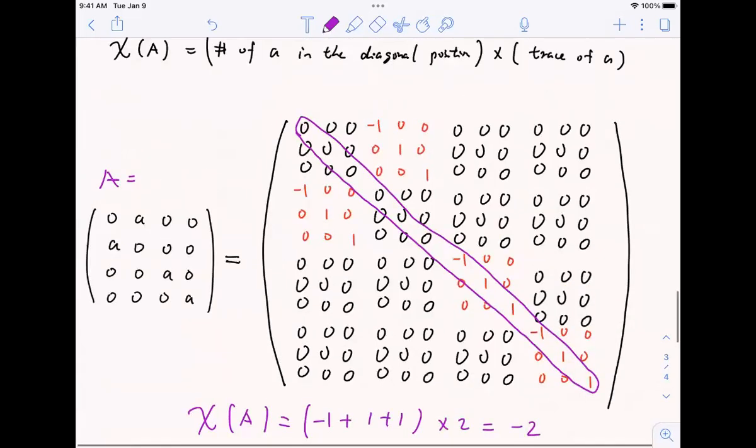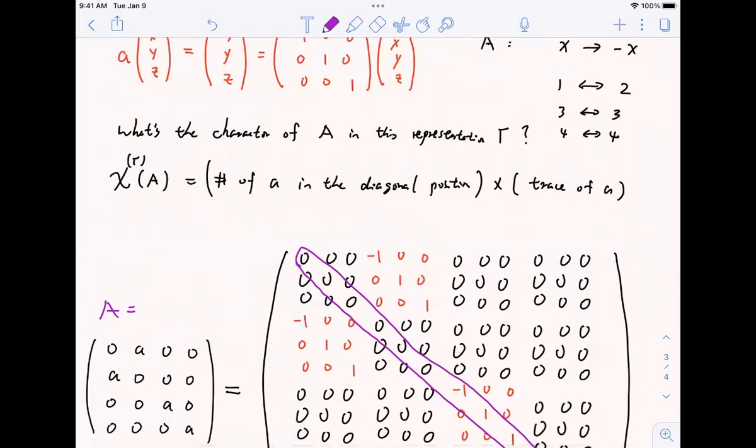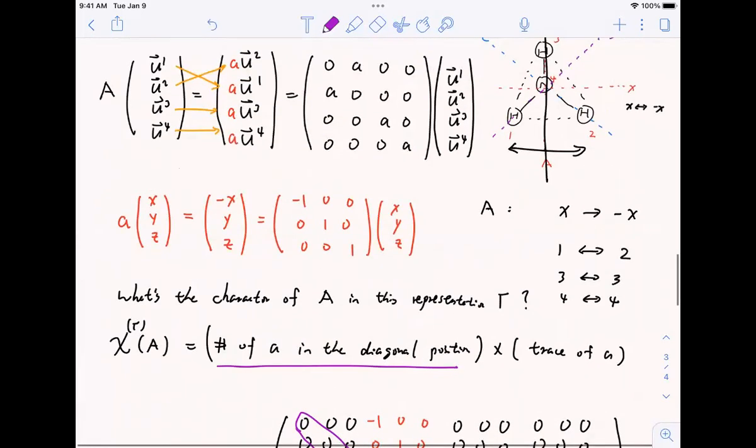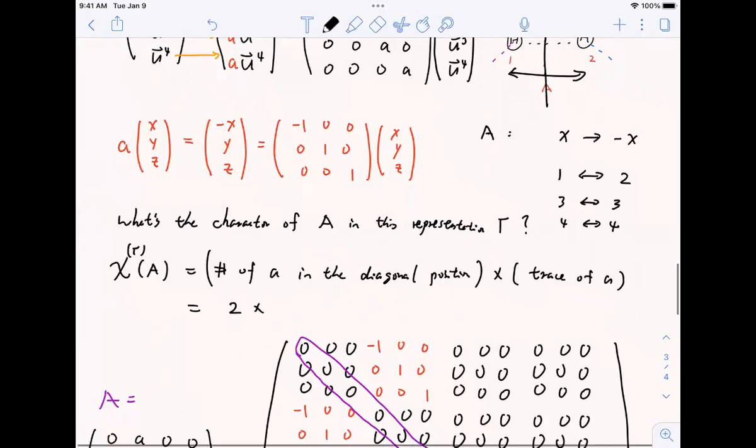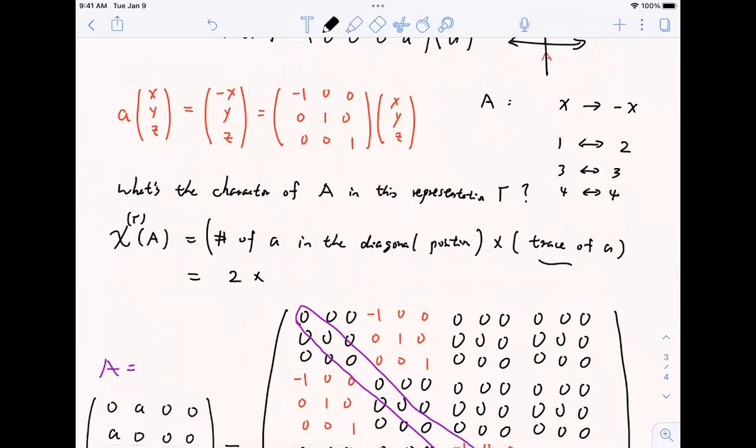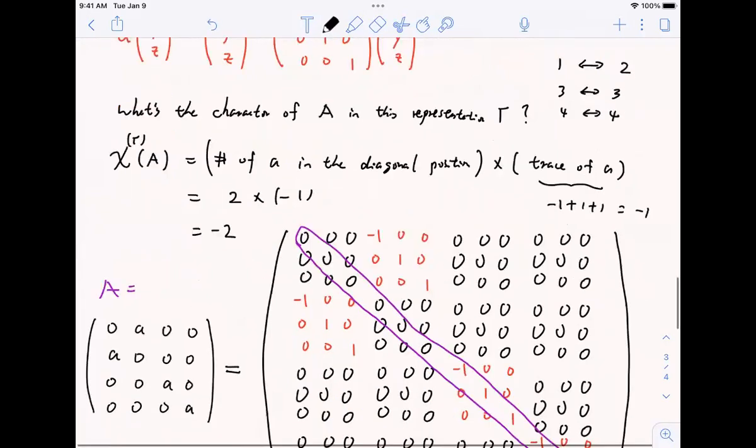Okay, so basically, it is the number of A in the diagonal position times the trace of A. Okay, so the number of A is 2. The trace here is -1 + 1 + 1, is -1. So -2.